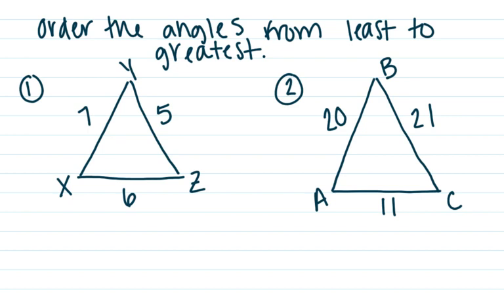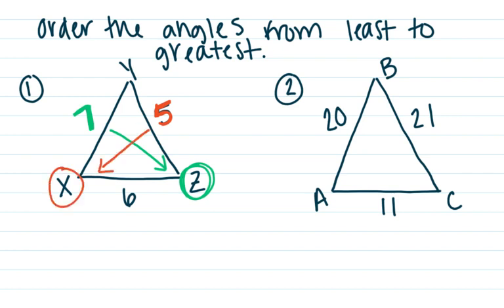So, for example, here, side XY, that's 7, its angle is angle Z. Okay? Angle X belongs to side YZ, where this 5 is.